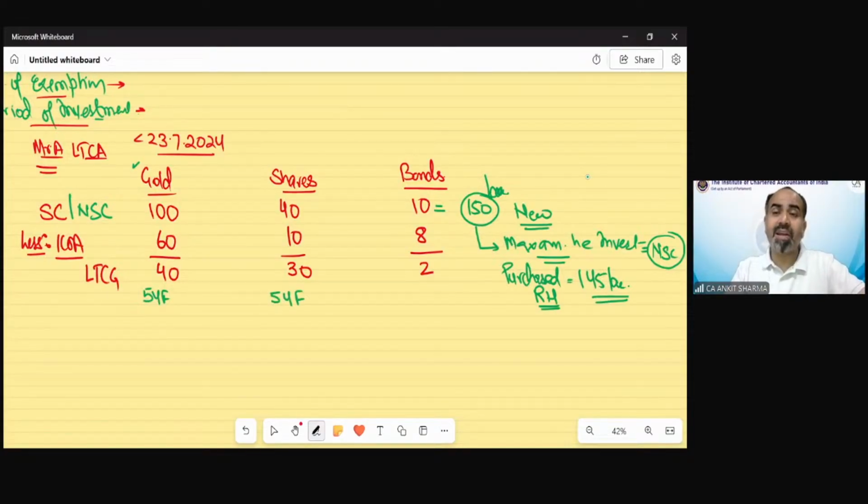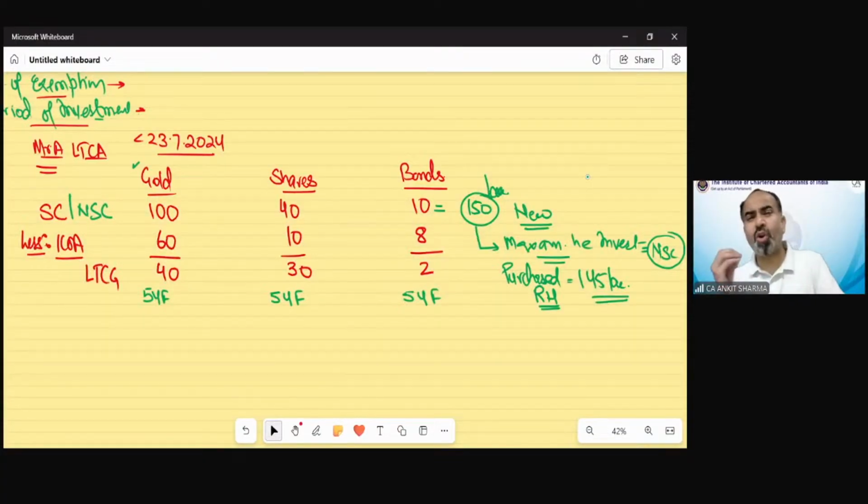Shares are a long-term capital asset other than a residential house, and the proceeds have been utilized to purchase a new residential house property. So technically, shares could also be eligible to claim section 54F exemption, and same in case of bond. So in case of section 54F, this is a special circumstance that arises when there could be multiple assets. Those are eligible for section 54F exemption.